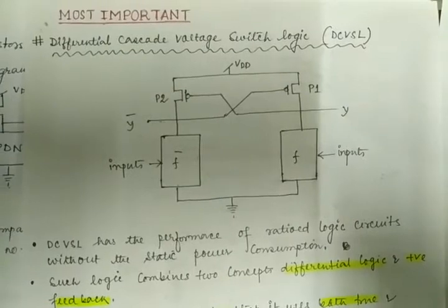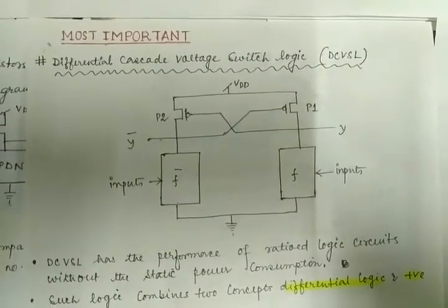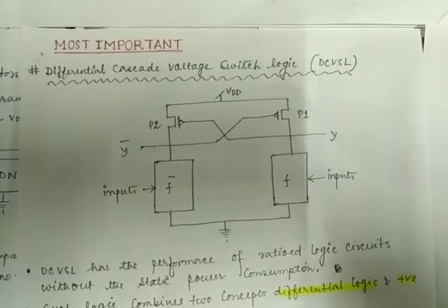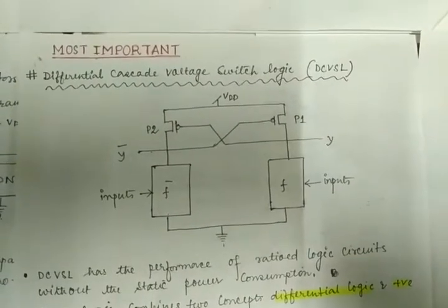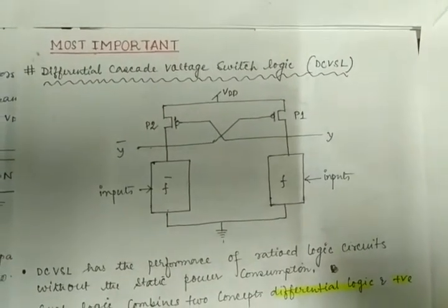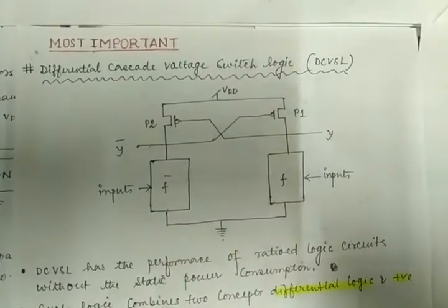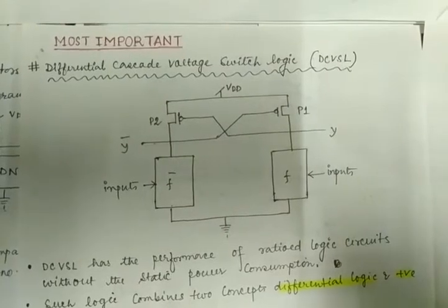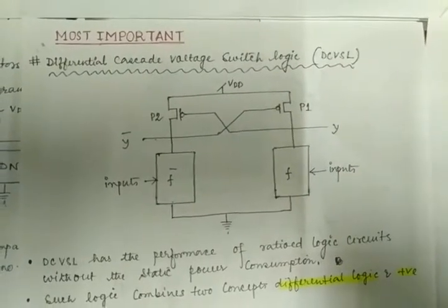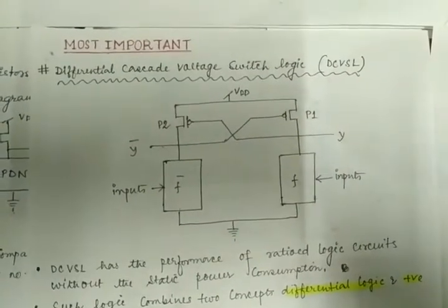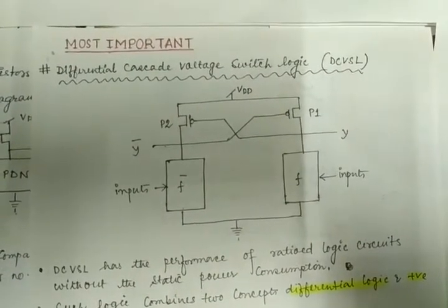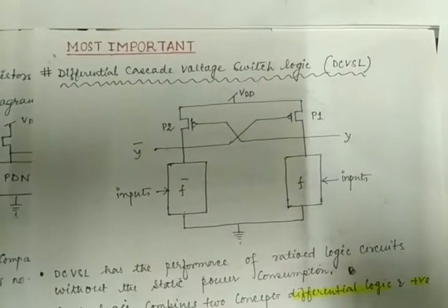And why this feedback mechanism? We have already seen that the feedback path is there, and this feedback mechanism ensures that the load device will be turned off whenever it is not needed. And what is the significance of the load device? You are all used to the term RL, because you have already studied it in analog electronics and device electronics. RL means the load resistance, and you all know why it is used.